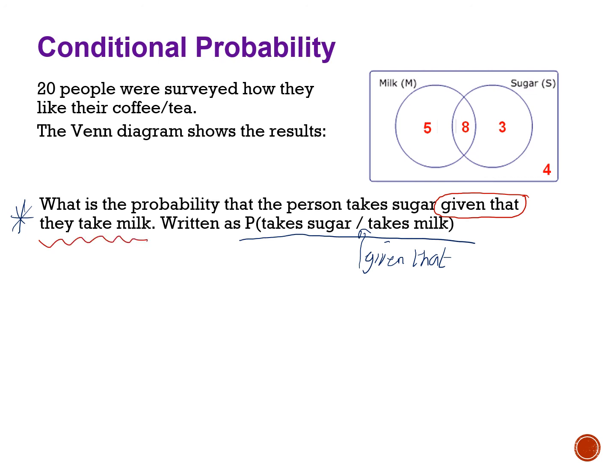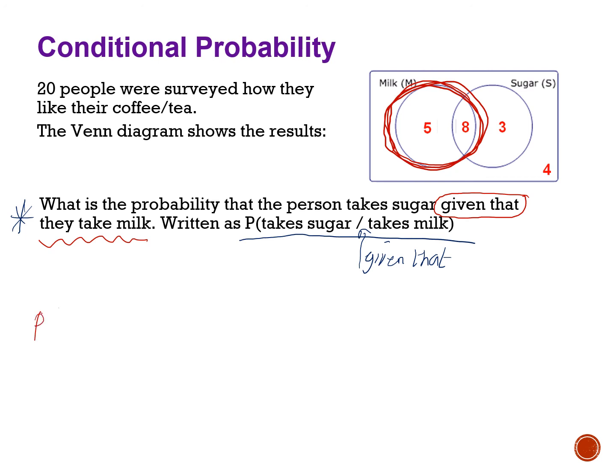So the only people I'm interested in for my probability is the people within this circle here, within my milk circle. I don't care about anybody else. Okay, so when I'm doing my probability, I'm only looking at these 13 people here.